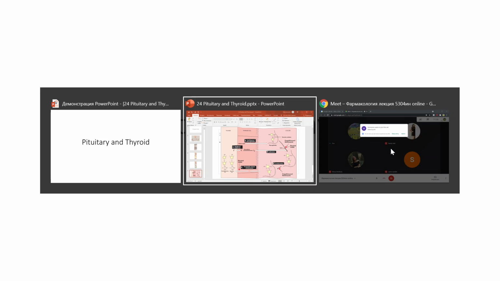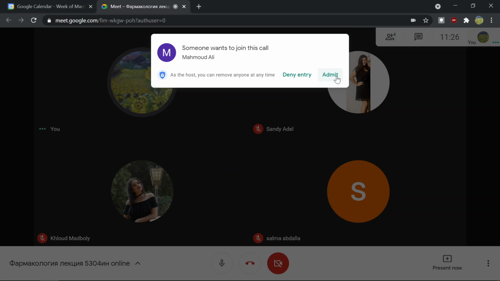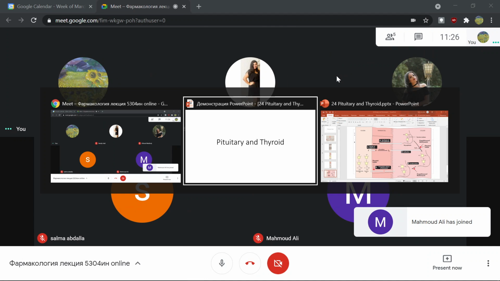So this way, every hormone is controlled by the central nervous system, and the hypothalamus, that is part of the central nervous system, is also controlled by the endocrine system.